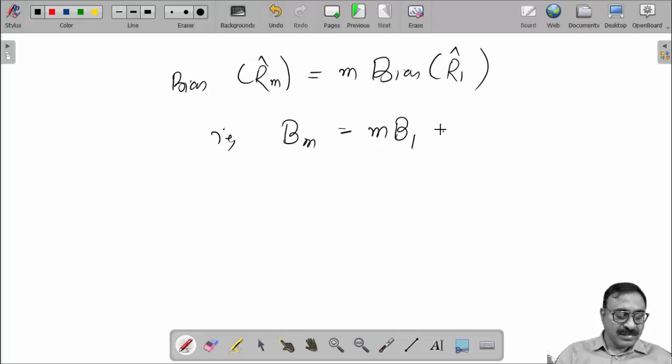So now this shows that the bias of the ratio estimator Rm bar, that is Bm, is m times the bias of the usual ratio estimator R1 cap. Now there are variances. We shall now find the variances correct up to first order of approximation.